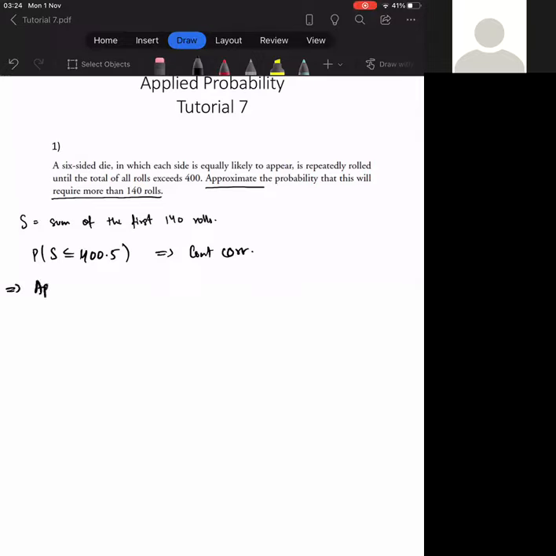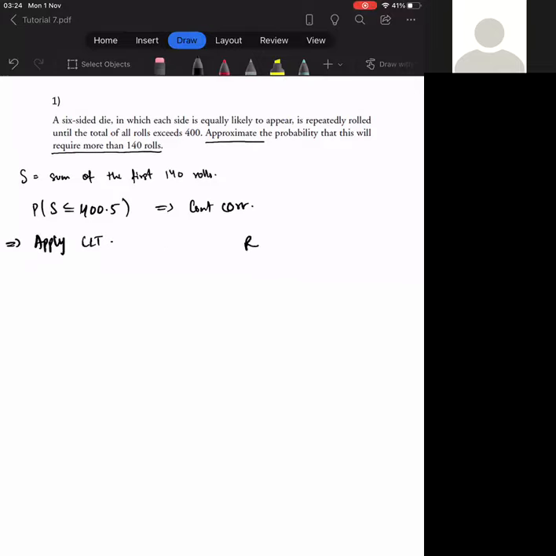Now apply CLT. Recall that if X is the number rolled per die, then E of X equals 3.5 and variance of X equals 35/12.